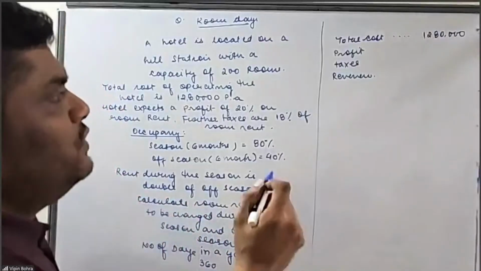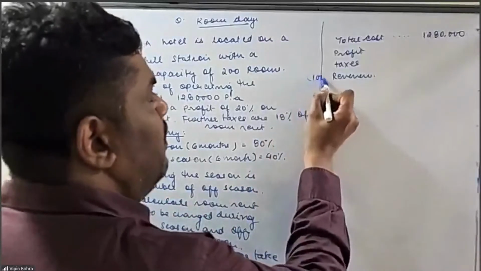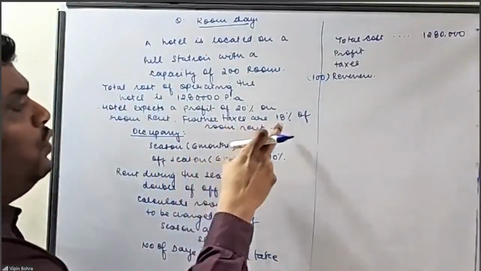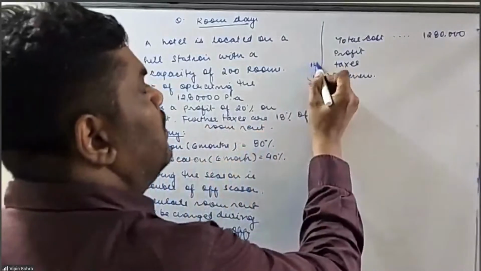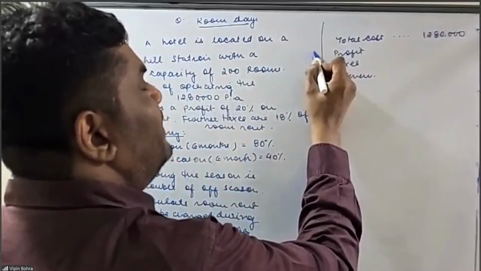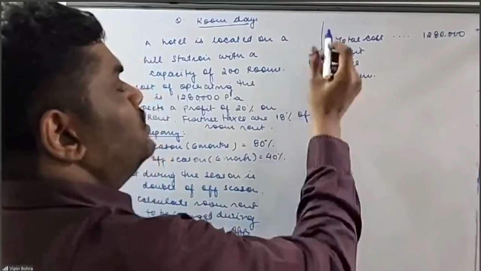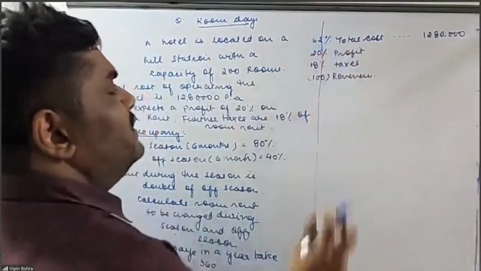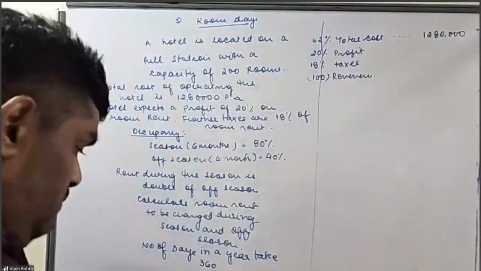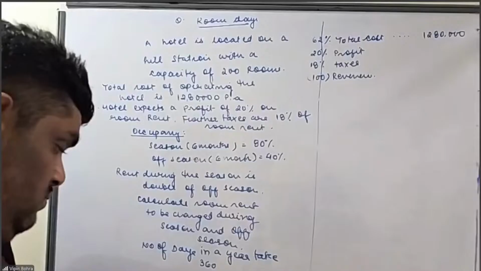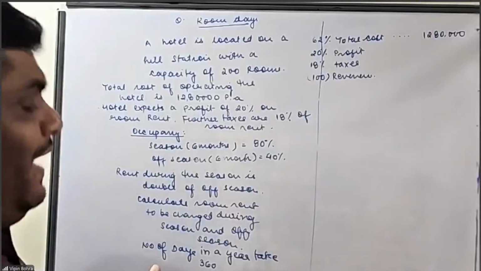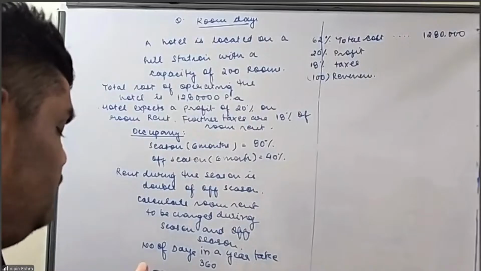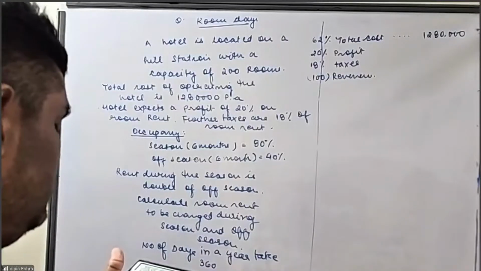So let's assume the revenue is 100. The taxes are 18% of the total revenue or room rent. Profit is 20%. So we are left with how much total cost? Total cost will be 62%. So 12,80,000 is equal to 62%.